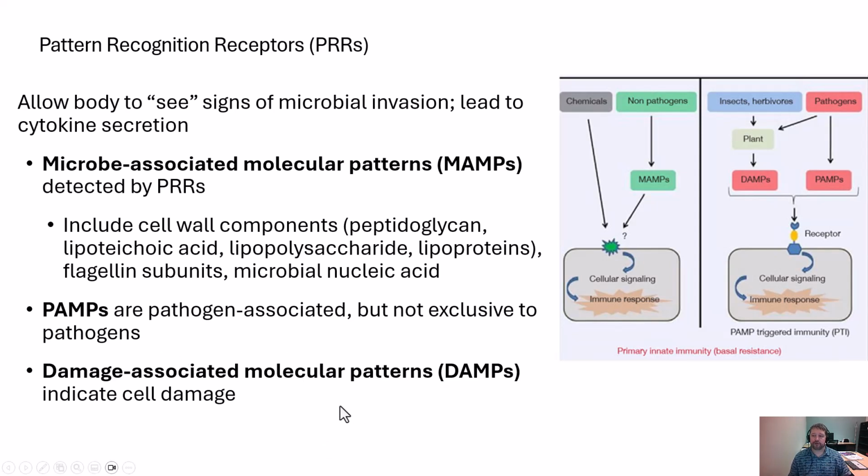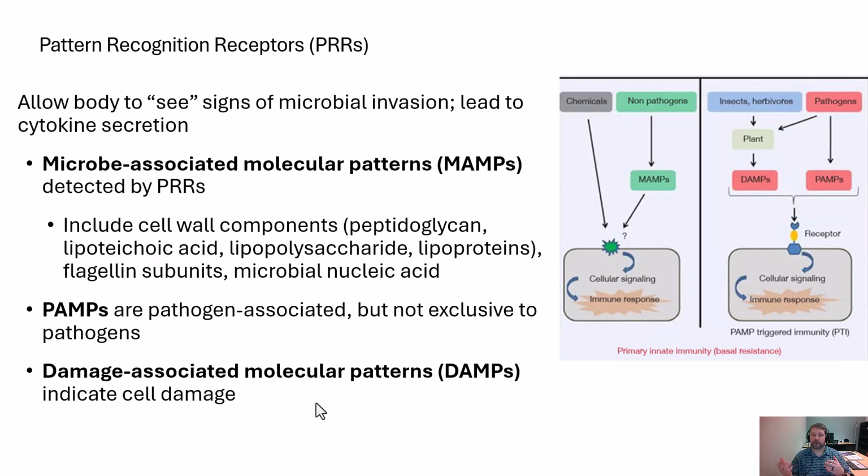DAMPs, on the other hand, are normally released when there is cell damage. So it's like if you cut yourself and the cell is destroyed, and it's self-made material typically that is being presented, right?